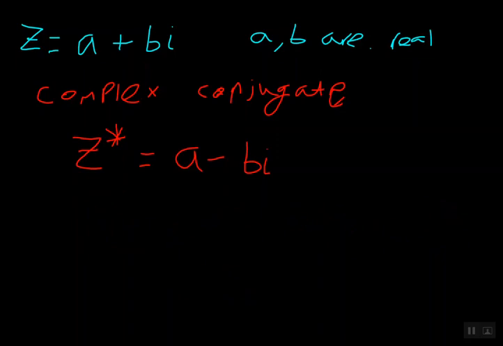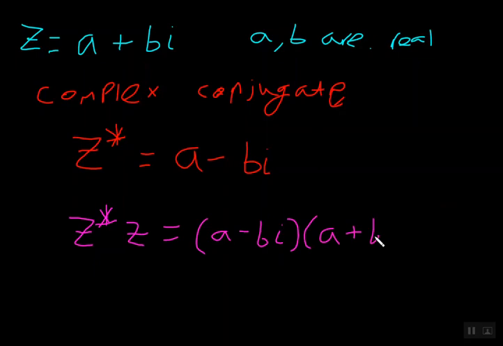I'd like to look at z star times z, which is also z times z star. It works either way, because multiplication is commutative, even with complex numbers. Well, this is a minus bi times a plus bi, which is a squared.